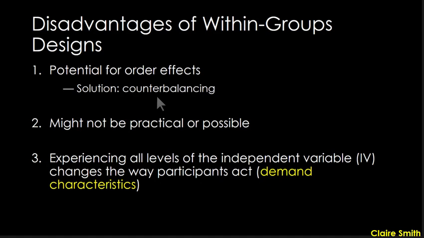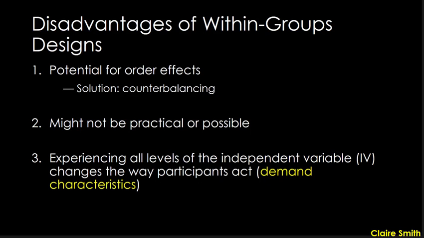It can be difficult in some situations to adequately counterbalance. It might not be practical or possible. So if you're trying to see which is the best way to teach someone to ride a bike, you can't have a child learn to ride a bike one way and then the next week teach them the second way and try to figure out which way is better, because after you teach them once, they have already learned something, right?